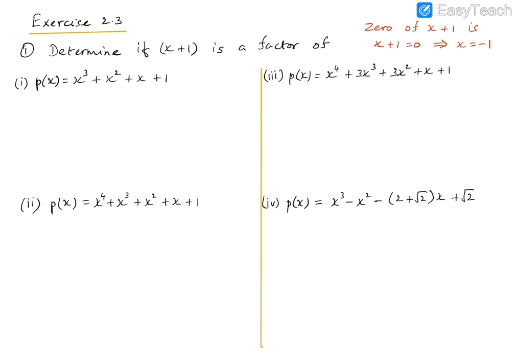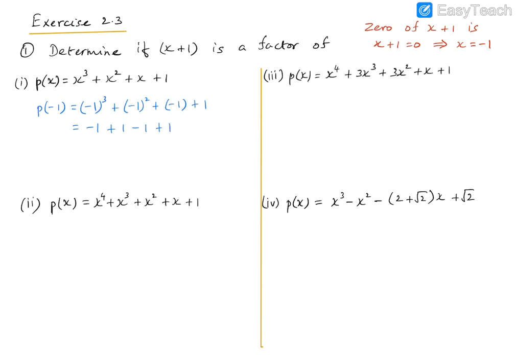So we will find p of -1, so that's -1 cube plus -1 square plus -1 plus 1. So -1 cube is -1, -1 square is +1, so +1, -1 plus 1.